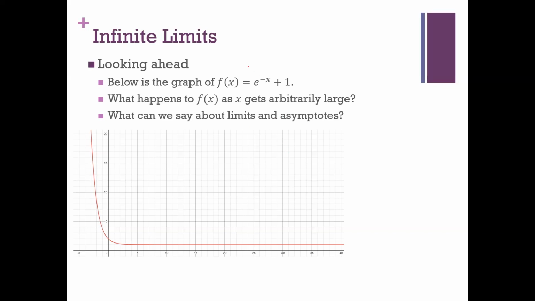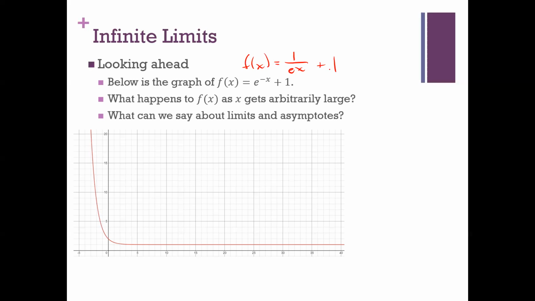Let's look at this function a different way. I can also say 1 over e to the x plus 1, right? As x gets really, really big, what's e to the x? And by the way, I think this is a pretty good technique for thinking about limits: think about what happens as x gets really, really big.